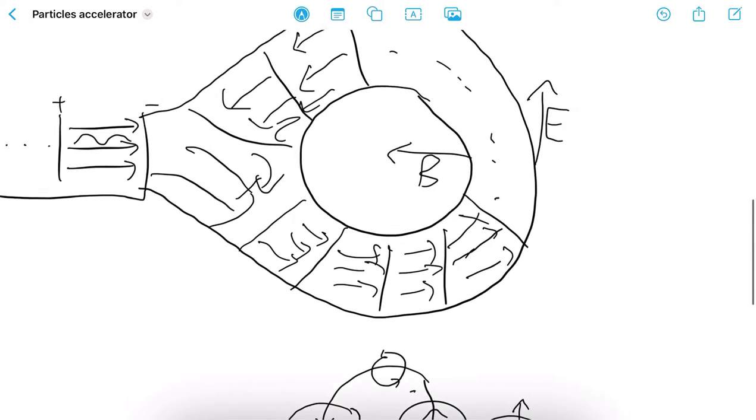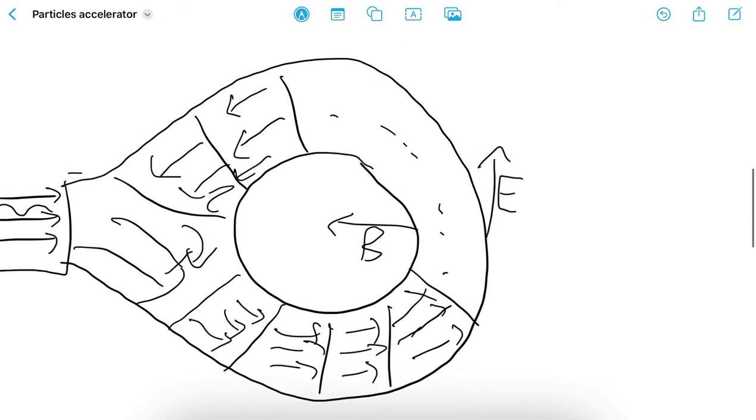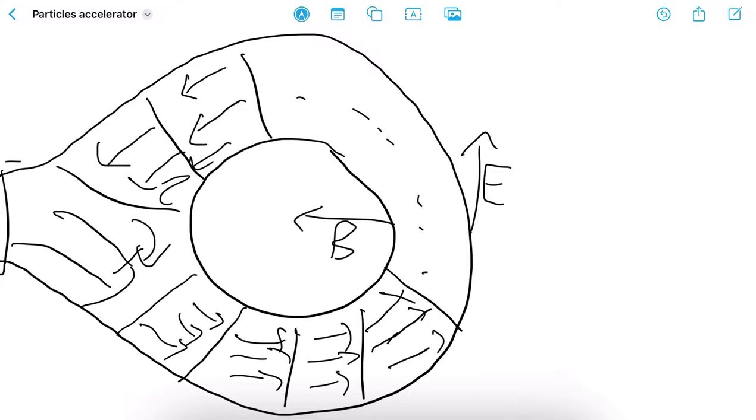And back to this, we now know how the magnetic field is generated.